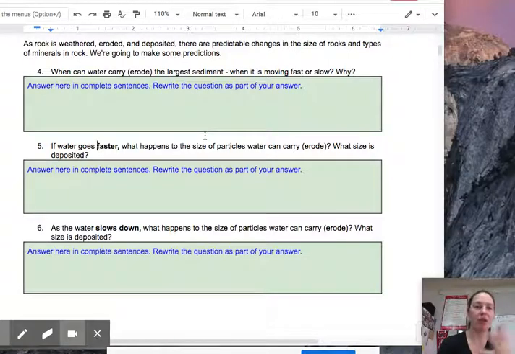Can it carry bigger ones or smaller ones? And what size is deposited? So what size can it not carry? As water slows down, what happens to the particles of sediment that water can carry or erode? And then what size is deposited?